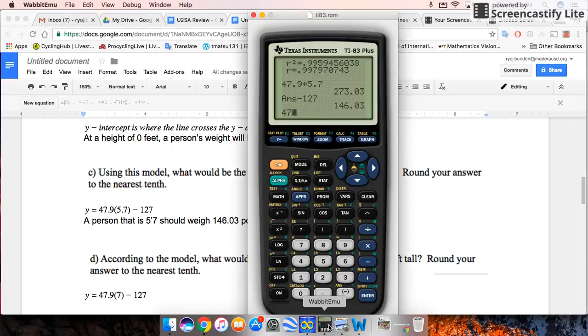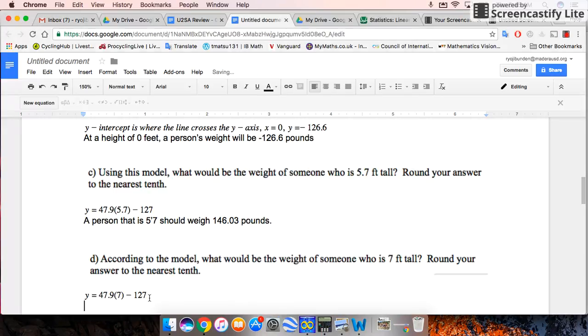So 47.9 times 7 equals 335.3, minus 127 is 208.3 pounds. So 208.3 pounds for someone that is 7 feet tall.